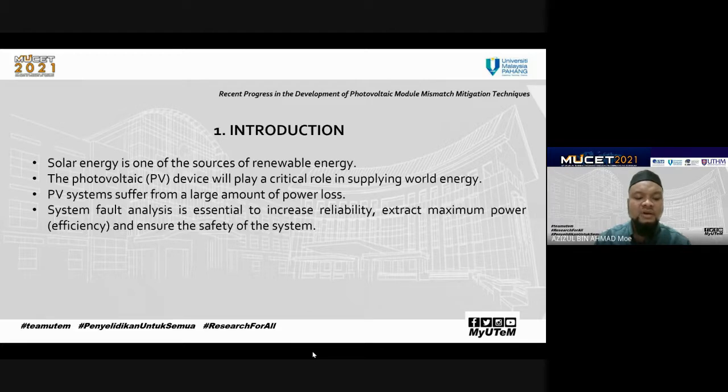Faults are caused by a variety of factors, and these faults must be identified and removed as soon as possible. Fault analysis is essential to increase reliability, extract maximum power, and ensure the safety of the system.